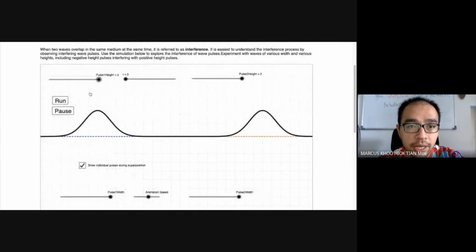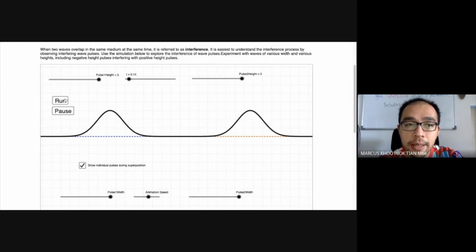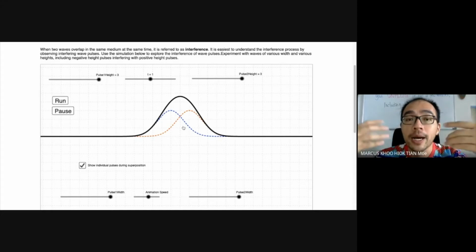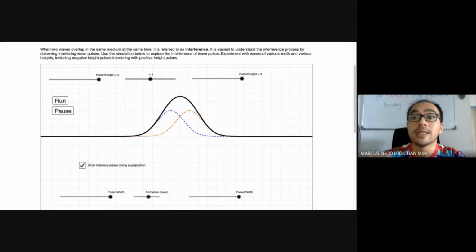So the first wave is 3, the second wave is 3. When they superpose, they will form a wave interference, which is a combination of both the original waves. That is the meaning of interference.